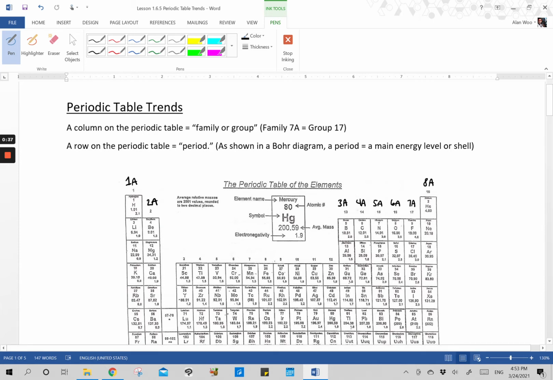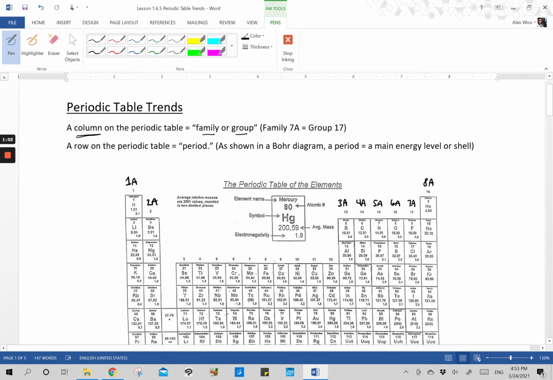So before we actually start, I just want to clarify that when we're looking at a periodic table, if we're looking at a column on a periodic table, most scientists, most chemists would call it either a family or a group. I've gotten you to write in all the family names in the past.